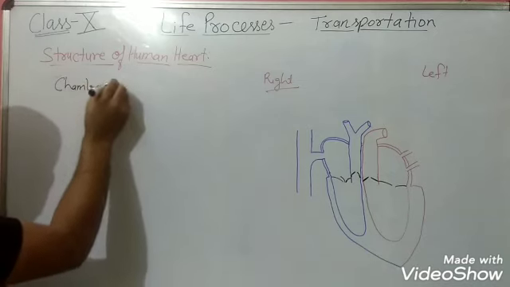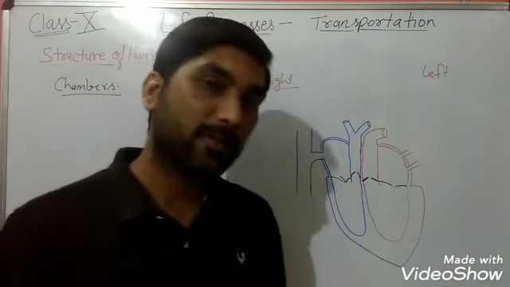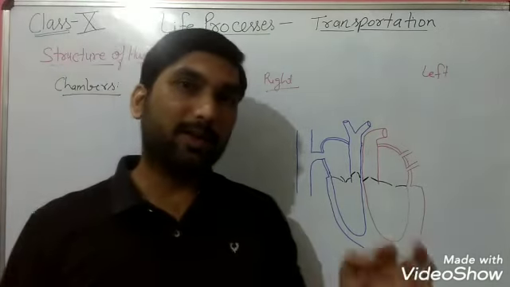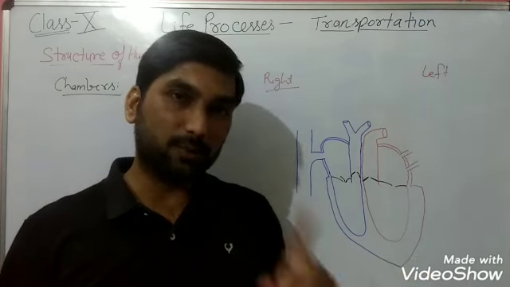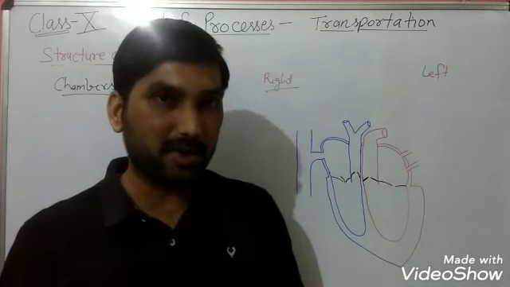The human heart is made up of 4 chambers. Fishes contain only 2 chambers, one atrium and one ventricle.